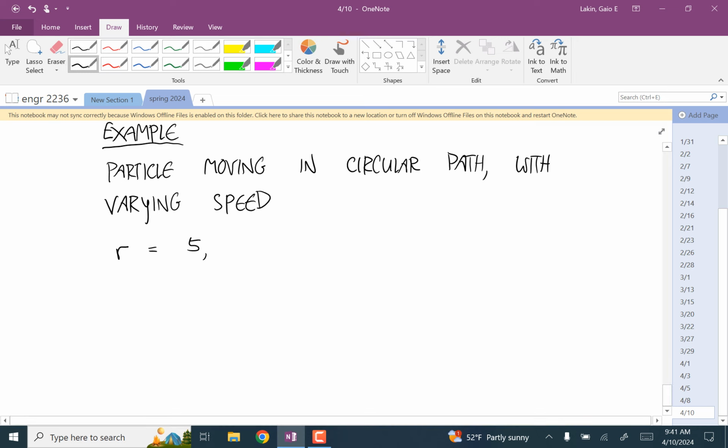And if the speed is varying, let's have it vary as a sinusoidal function. So let's say theta dot is going to be equal to 2 minus cosine of t. That says that you can integrate that to get the theta function. So theta is equal to 2t minus, we're integrating, so minus sine t.